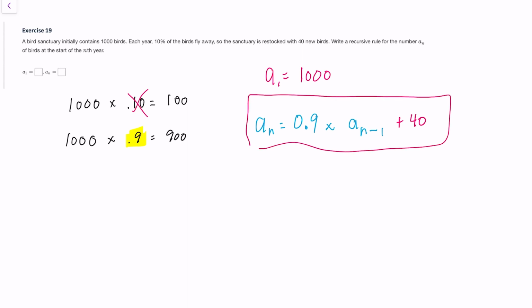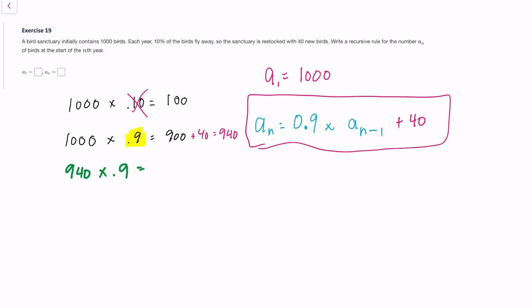If you think overall, does that make a little bit more sense? I would think it does, because after the first year, if we take 1,000 times 0.9, or 90%, and then we add 40, we have a total of 940 birds. In the year after, I have my 940. I'll multiply that by 90% because 10% disappear.